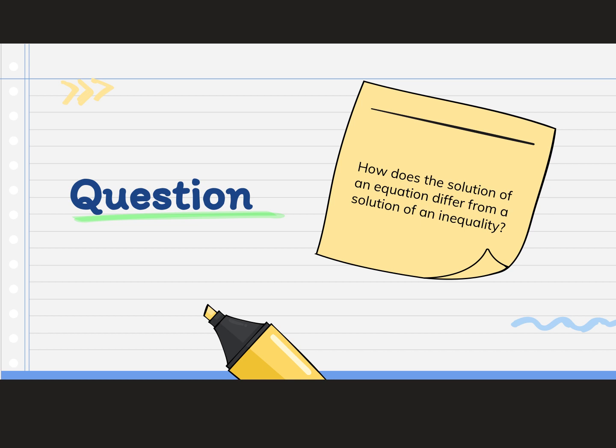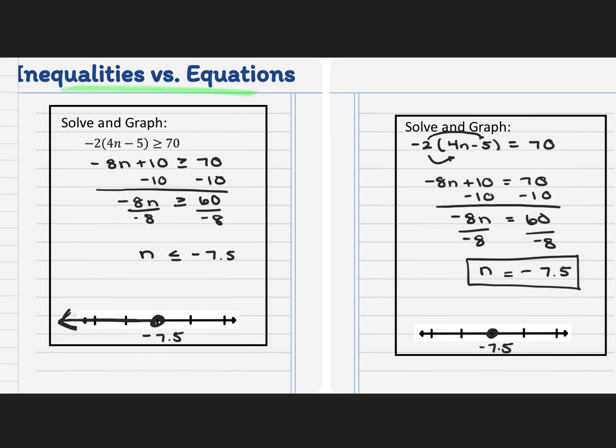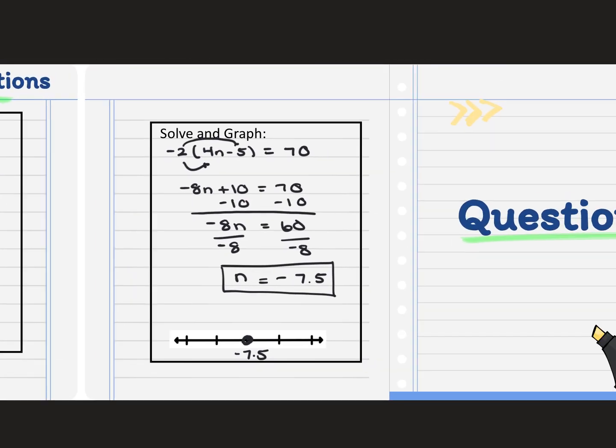Going back to the other slide, we can definitely tell, looking at solving the equation, we have one definite answer, which is -7.5. Whereas with our inequality, we have a solution set. So can n be equal to -7.5? Absolutely, because we have less than or equal to, but it can also be any number that is less than -7.5 as well.